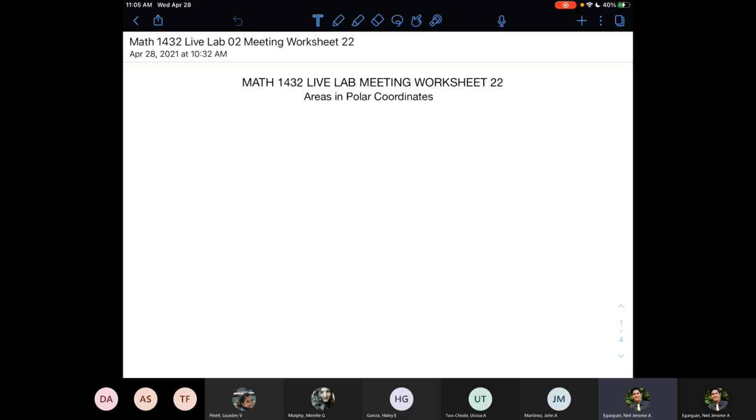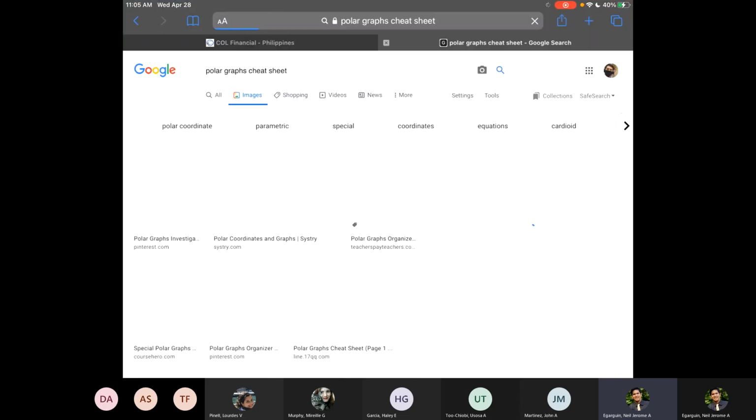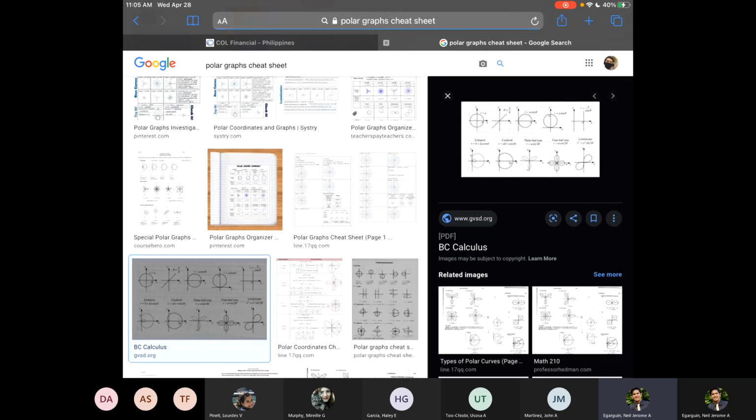All right, so let's first look at the basic graphs for polar curves. I was actually looking for a cheat sheet for these graphs. That's one reason for the holdup. I was trying to browse some polar curves cheat sheet on the net, and I was supposed to paste it on our worksheet.